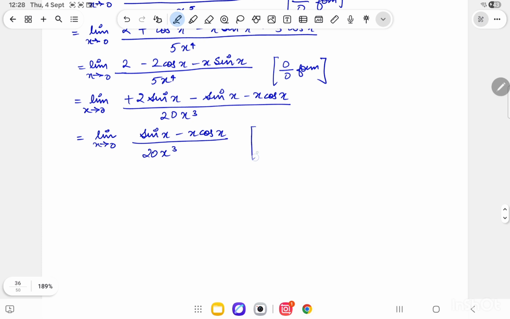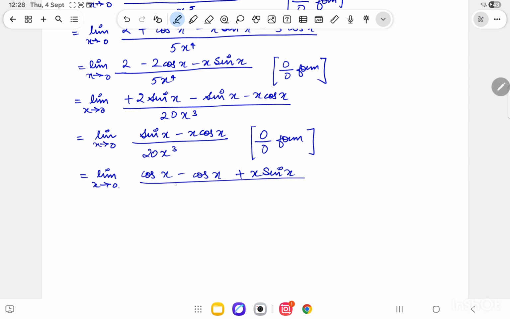If I put the limit here, I'll be getting 0 upon 0 form again, and this will be equal to limit x approaches 0 of, derivative of sin x is cos x, minus cos x plus x sin x, divided by 60x squared.